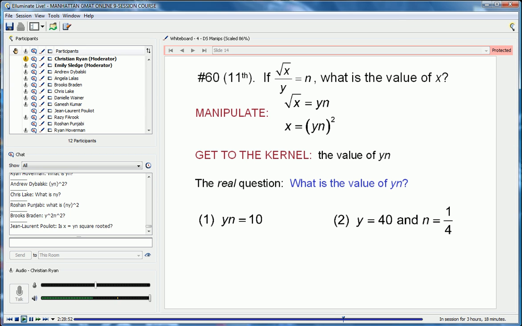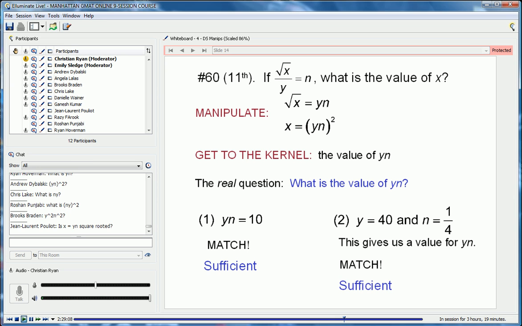And then when we look at the answer choices, notice that statement 1 matches it exactly. If we didn't break it down to what is yn, then we could easily put the 10 back into this and find that x equals 100. And then notice this also gives us a value for yn. So the correct answer here is D.